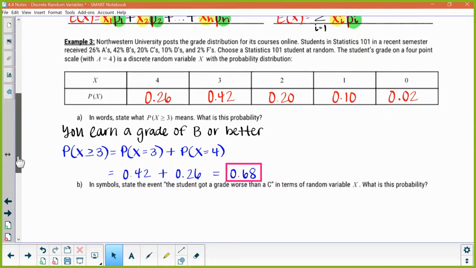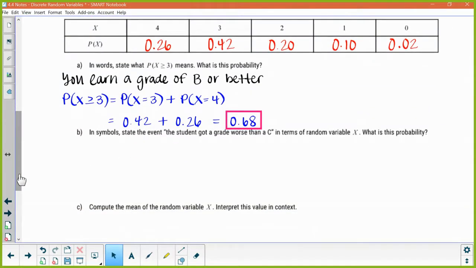And then we are asked to, in symbols, state the event the student got a grade worse than a C in terms of random variable X. There are two ways to generally write these, whether you are using included or not. I chose to go the not included way.